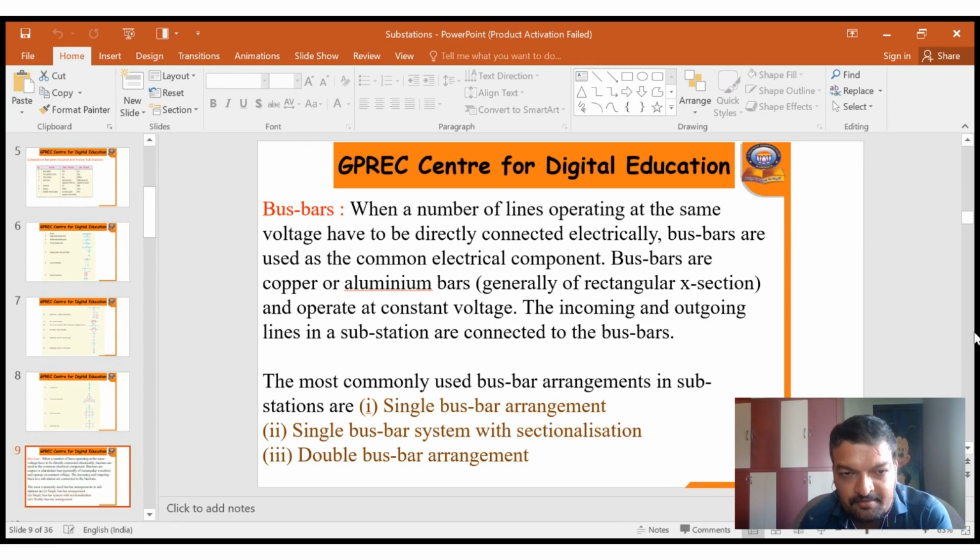Based on the arrangement, we have the single bus bar arrangement, single bus bar system with sectionalization, and double bus bar arrangement. Now we will discuss in brief about the single bus bar arrangement.